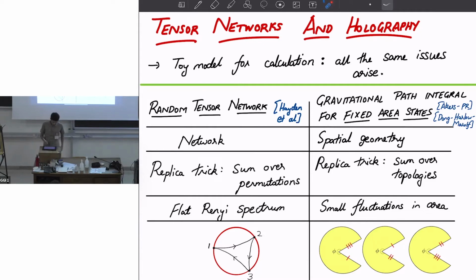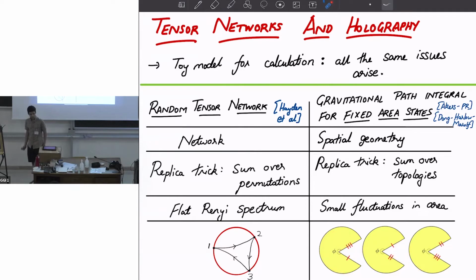So for example, if you compute something like the third Renyi entropy in a fixed area state, where you fix the area of the extremal surface, allowing for an opening angle, one possible geometry that contributes to this is the one where you cyclically glue these Pac-Man-like geometries.